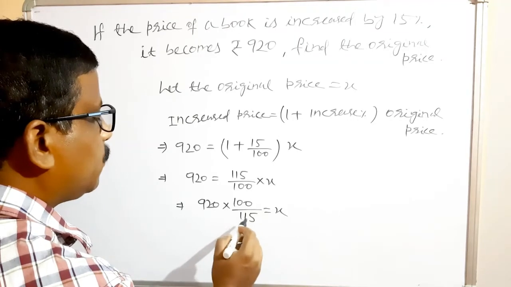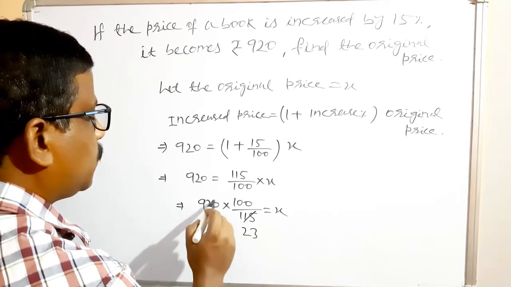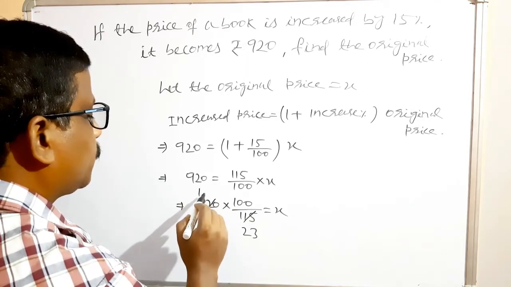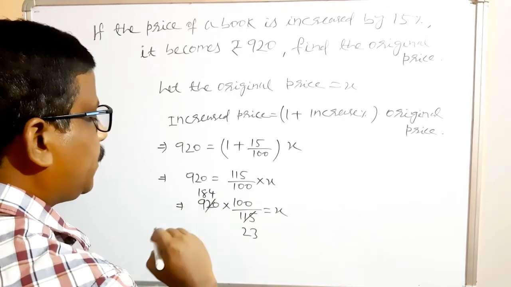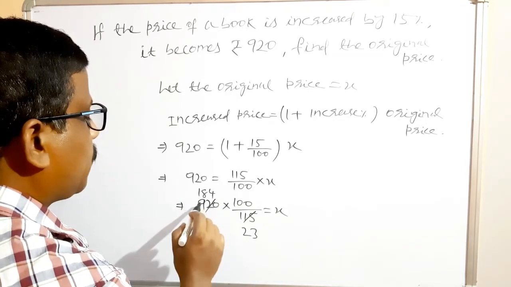So it will cancel with 5, 23. Here it will cancel. 5 1 is 5, 184.